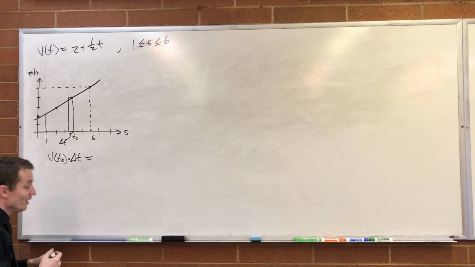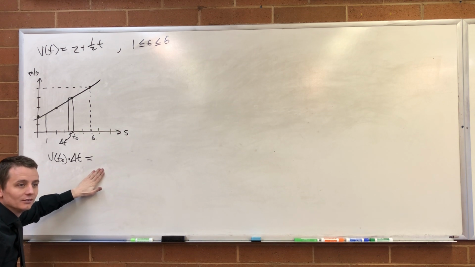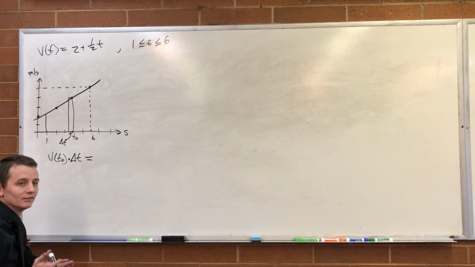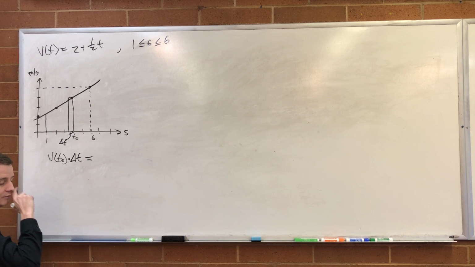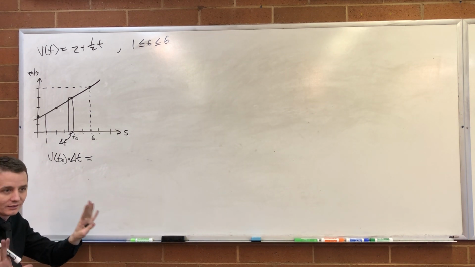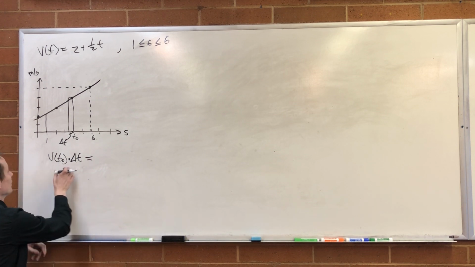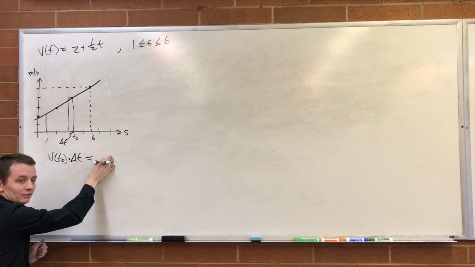Rate times time gives you distance. Technically, displacement and distance are almost the same thing. We'll get to that technicality. So I should say displacement. Velocity times time gives you displacement.